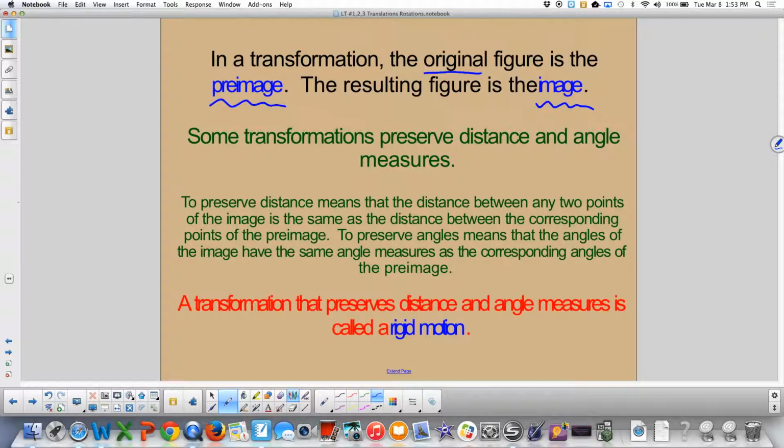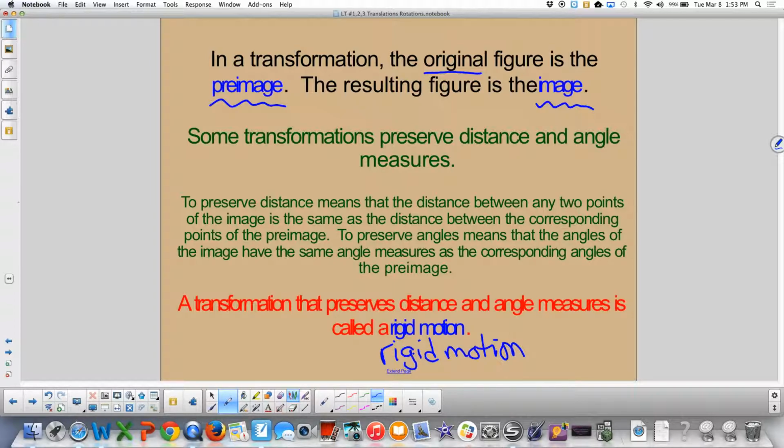Some transformations preserve distance and angle measures. We call those rigid motion. So a transformation that preserves distance and preserves angle measures is called rigid motion.